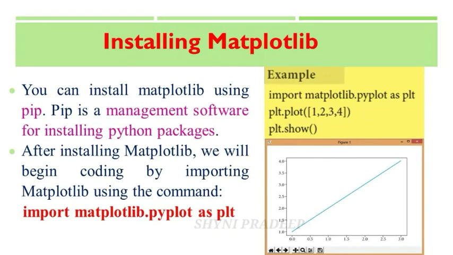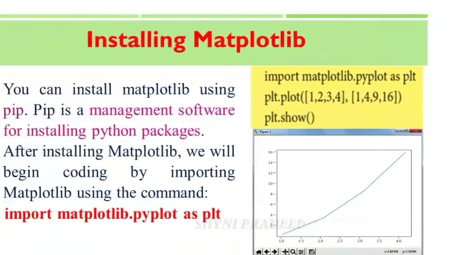Since you have given only a single list of values, matplotlib assumes these values for the y-axis. We have not provided the values for the x-axis, so matplotlib automatically generates the x-axis values, which start from 0, 1, 2, 3.